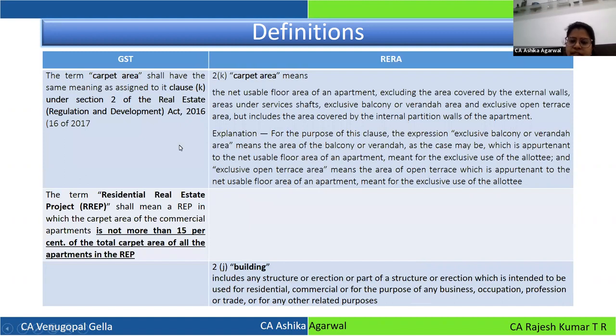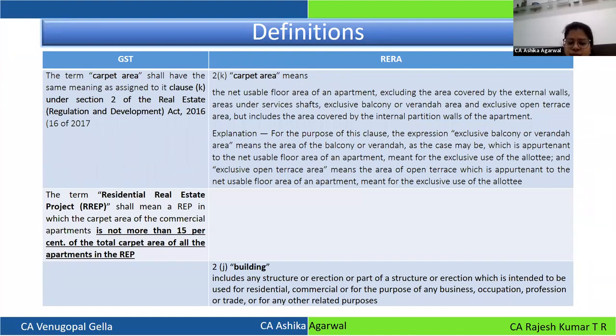Even the carpet area definition is borrowed from RERA. However, as we said, real estate project is defined under RERA, but residential real estate project is defined only under GST, where they have mentioned the 50% condition. So if your commercial area is less than 15%, then only it's a residential real estate project.